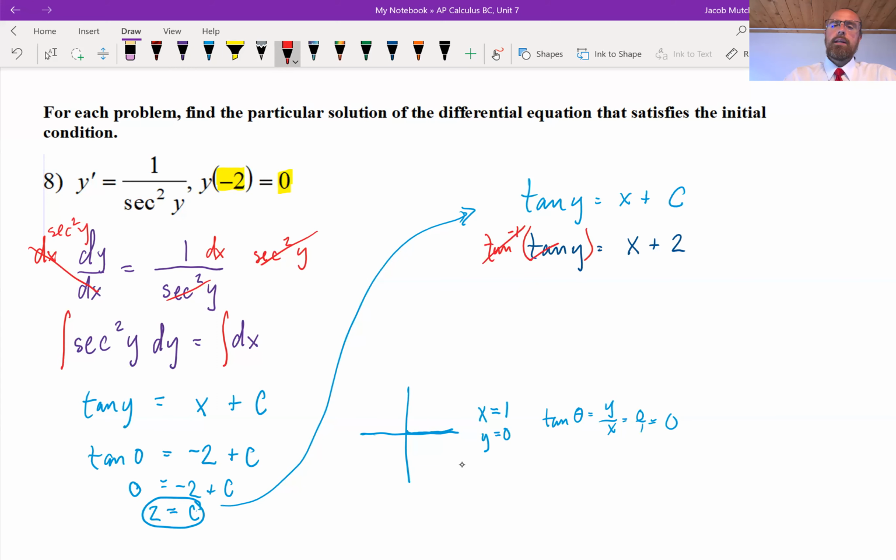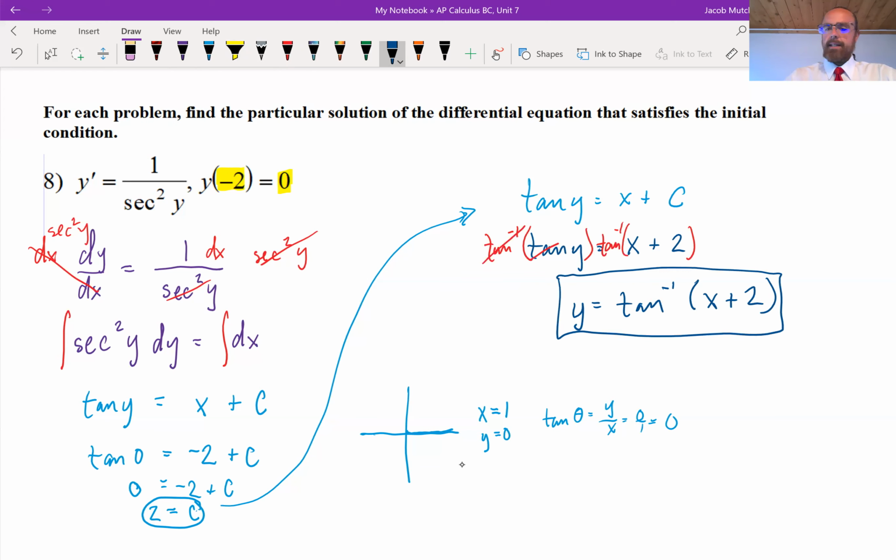That'll cancel. So on the left now, all I've got is y. And on the right side, I apply that inverse tangent function. And that completes my explicit particular solution: y equals inverse tangent of x plus 2. And that completes that third example that involves trigonometric functions.